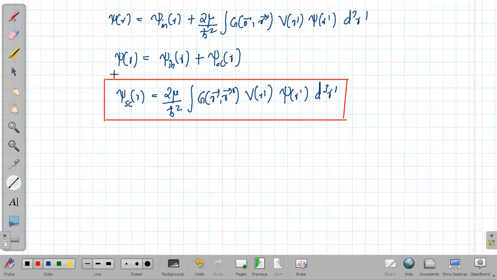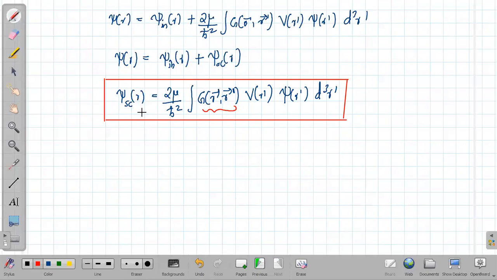Now again this is not a direct solution, because if you look at the right side there is a psi here, and we don't know what this psi is. The next step is to find the form of the Green's function. Once you know the Green's function, then you can use certain approximation method.